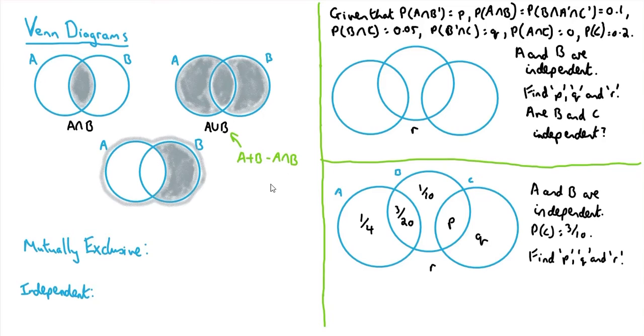This can help us if we're doing more calculation-based questions, which we will be doing later on. Before that though, we'll now look at our third main bit of notation.